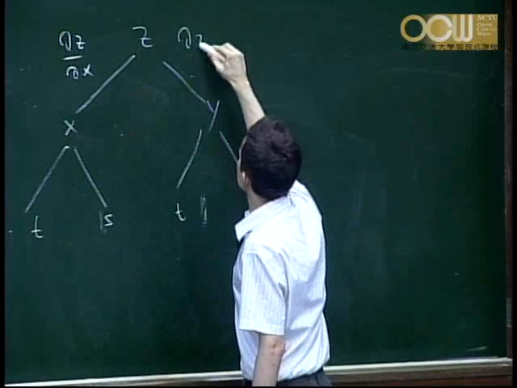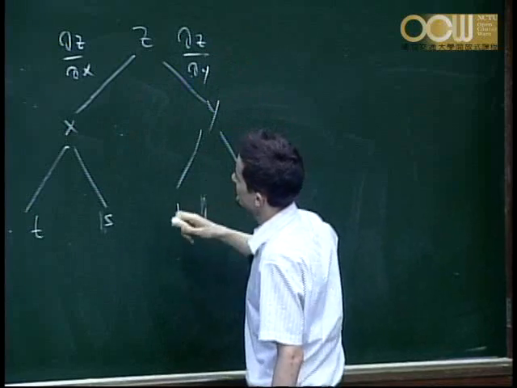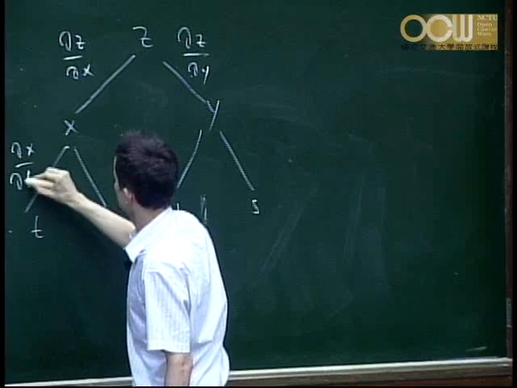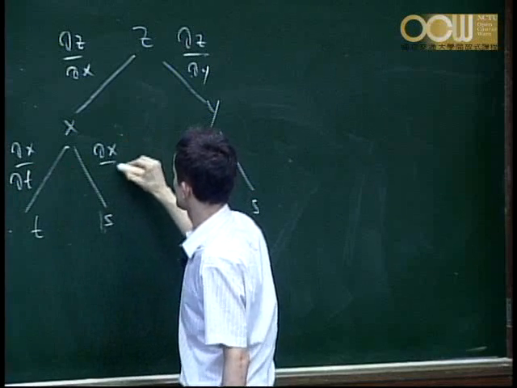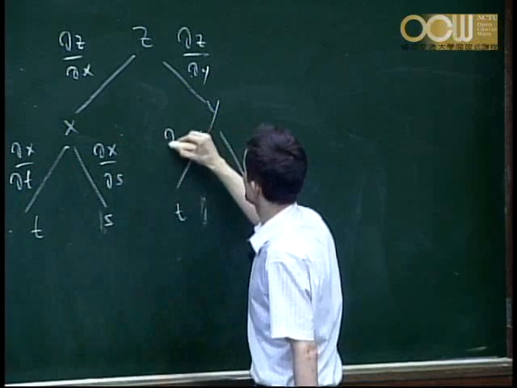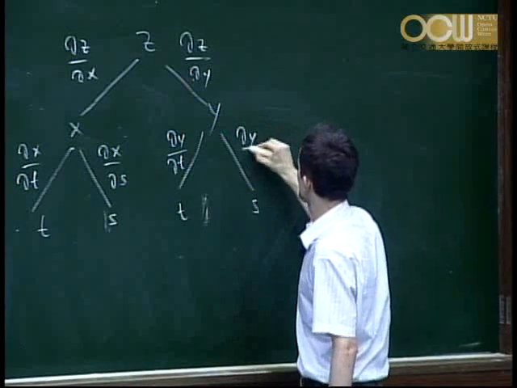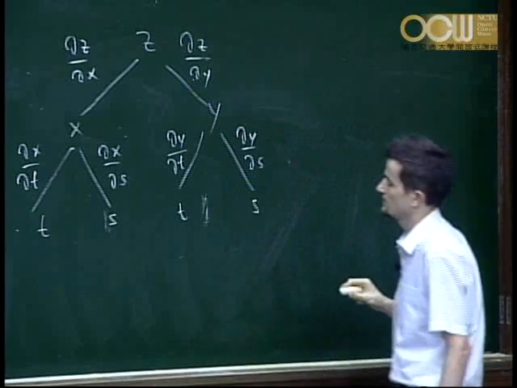So you have here the partial derivative of z with respect to y. Here you have the partial derivative of x with respect to t, here the partial derivative of x with respect to s, here the partial derivative of y with respect to t, and here the partial derivative of y with respect to s.